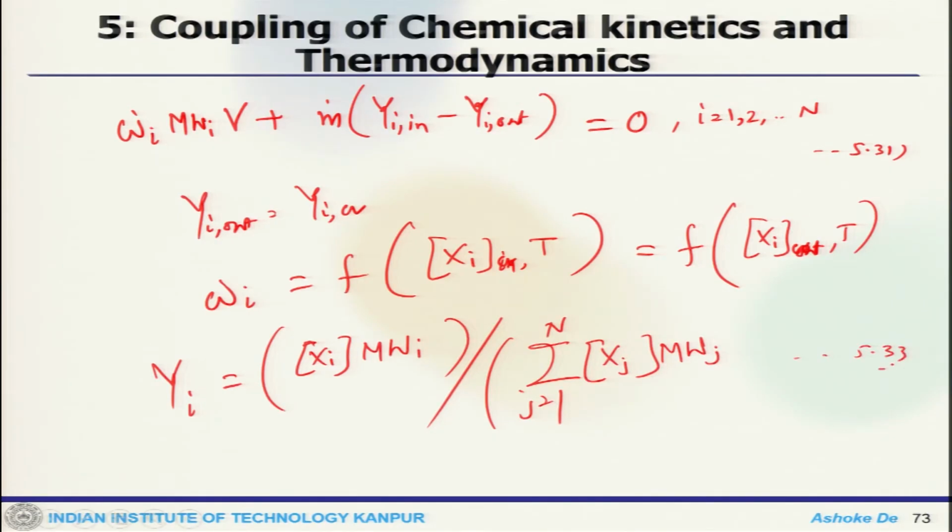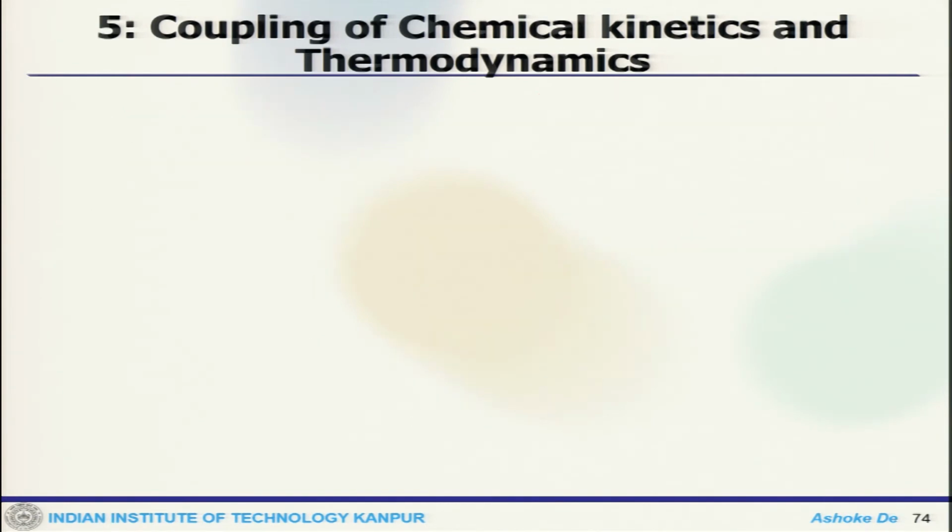So, this is what one can get. Now, 5.31 can be written for n number of species to provide n number of equations, because this equation is valid for 1 to n, and there would be n plus 1 unknowns, assuming m dot and V are known. So, the additional equation comes from the energy balance.